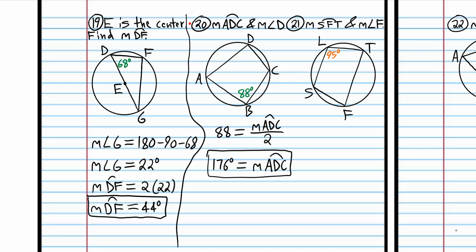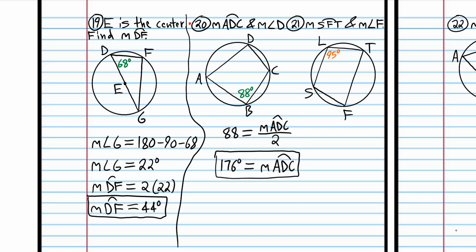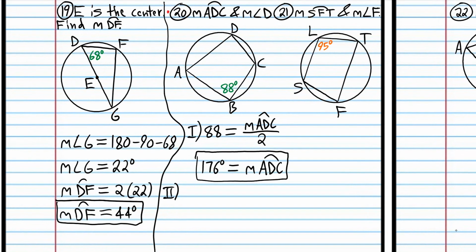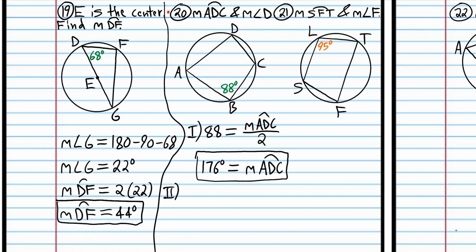So this is kind of a 2-part problem. I'm going to put Roman numeral 1 here. That's part 1, and then part 2. So, like I said, the measure of arc ABC is equal to 360, the total, minus the measure of arc ADC, which we found is 176.